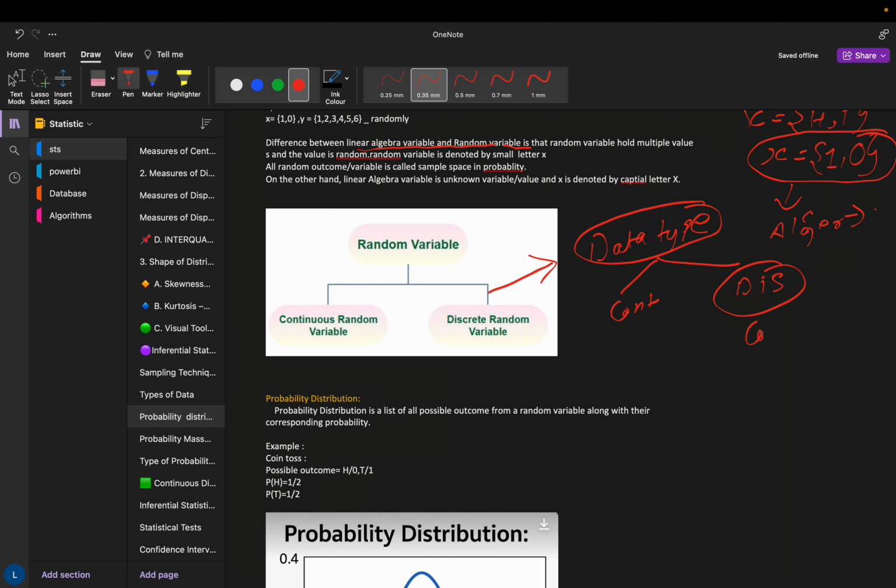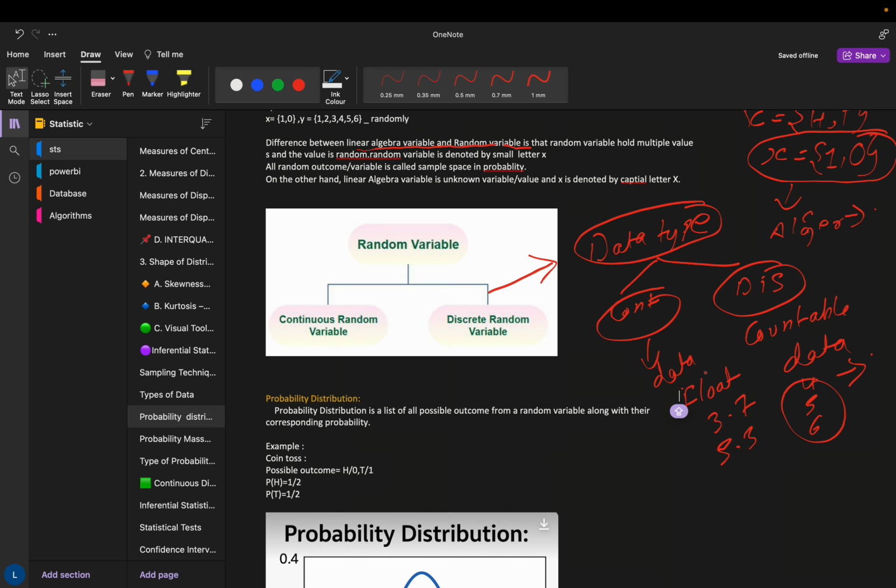Discrete means countable data, whereas continuous is data that cannot be counted, it is float values, for example 3.7, 5.3. But when we have a fixed value like 4, 5, 6, we can easily count it, right? So this type of data is the discrete type, and this type of data is the continuous type.